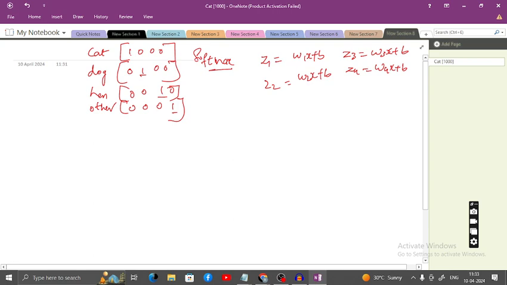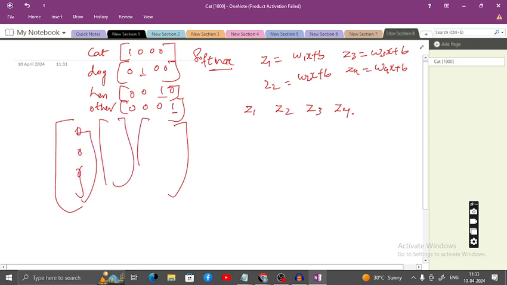That is what I am calling Z1, Z2, Z3, Z4. So the neural network will be of 4 layers, like this.